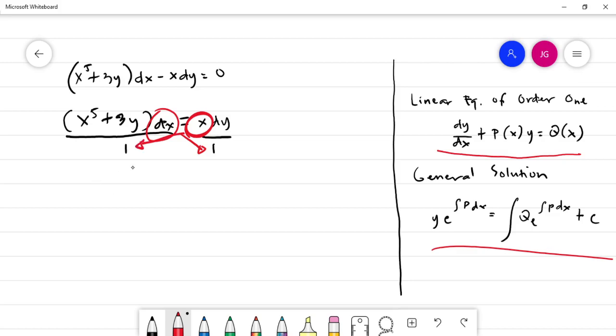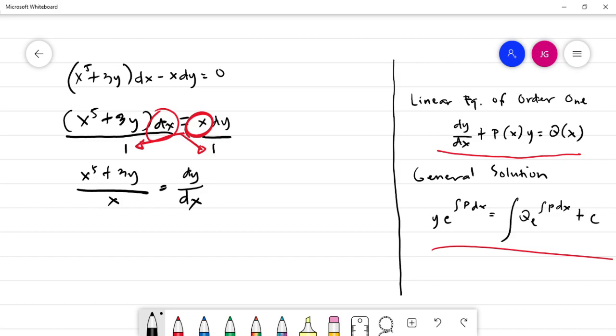Okay, so the new equation is x raised to 5 plus 3y over x equal to dy over dx. And take note guys, on the right side we already have the form dy over dx.